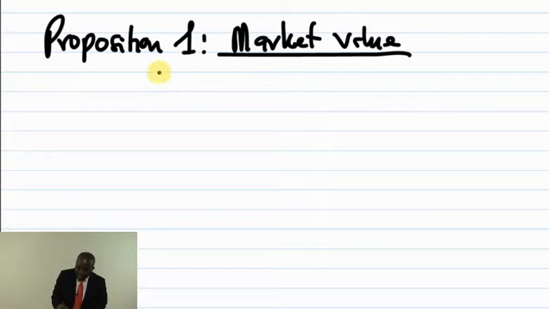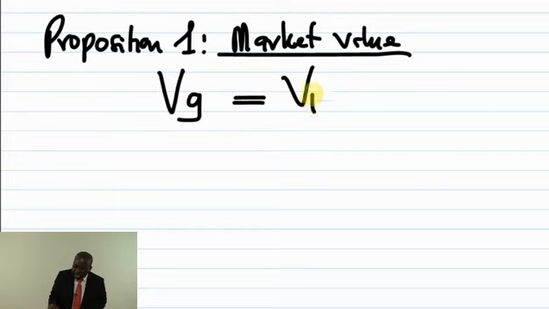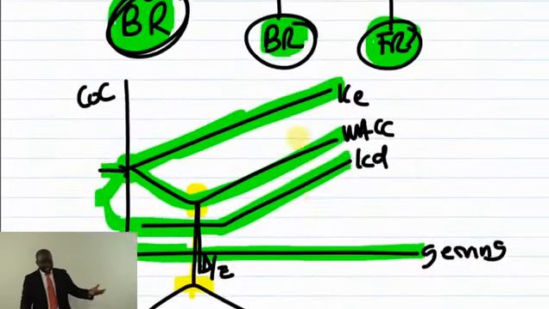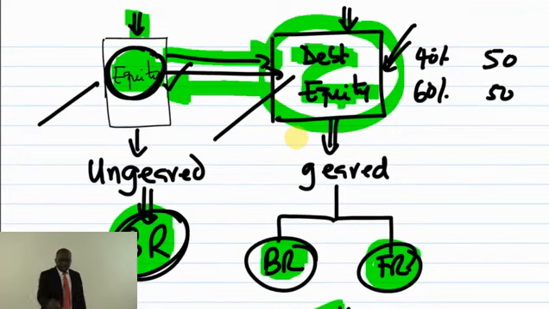So they are claiming the market value of a geared company should be equal to the market value of an ungeared company. When will I need this? I read the question. I am moving in between debt and equity. I just told you like this. The company is all equity. They are now trying to raise money by way of debt. Calculate the market value now.